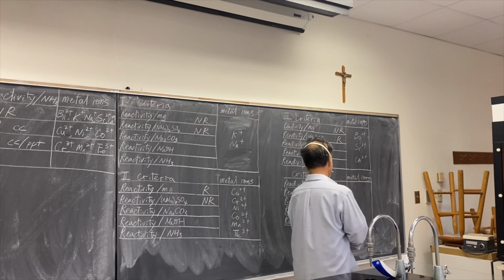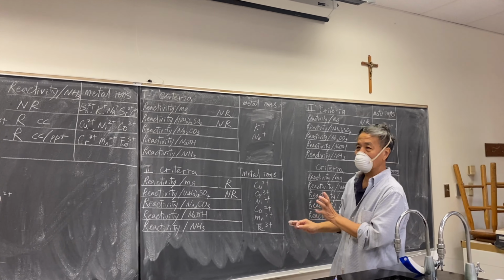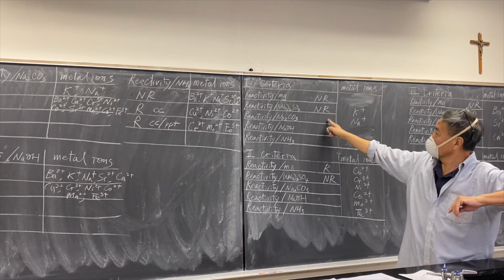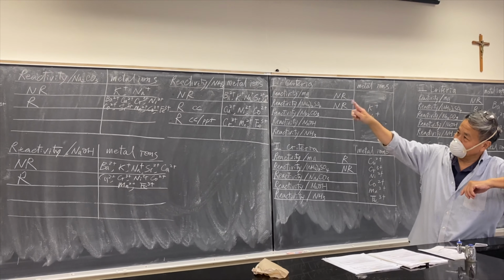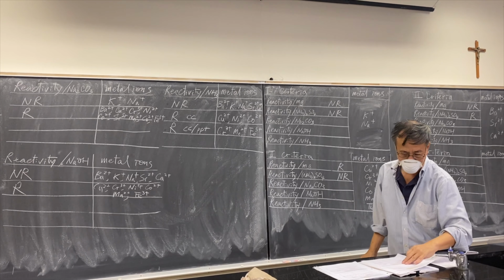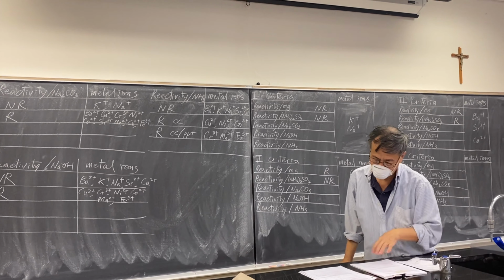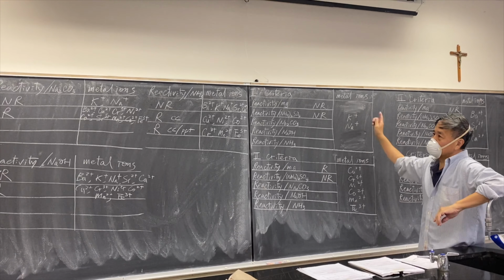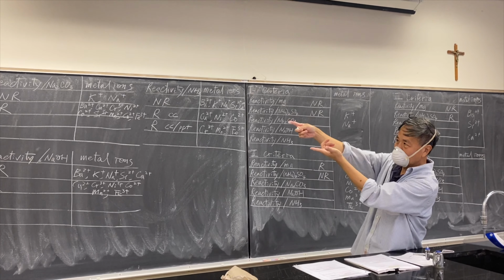So that's how you do it. Now you move to the third criteria, which is our third table on page 51.